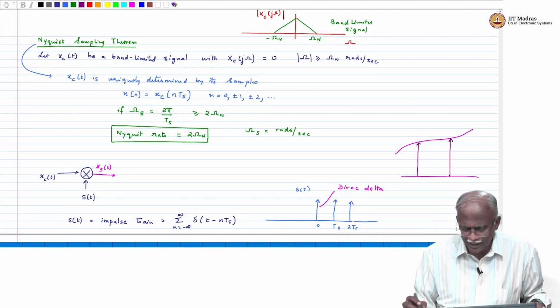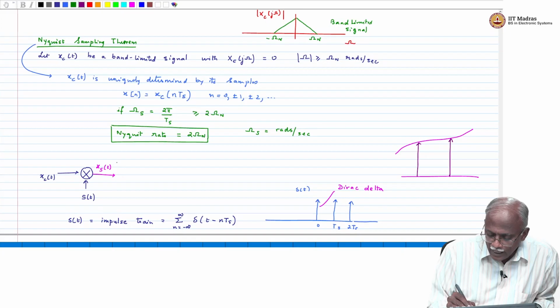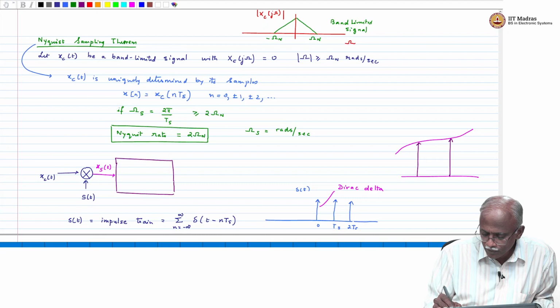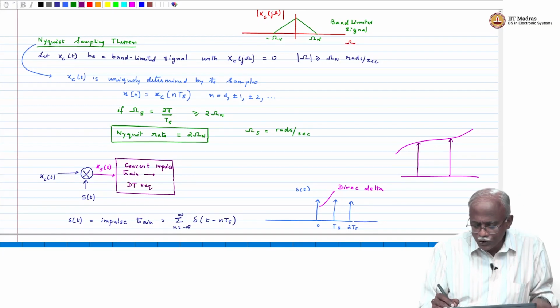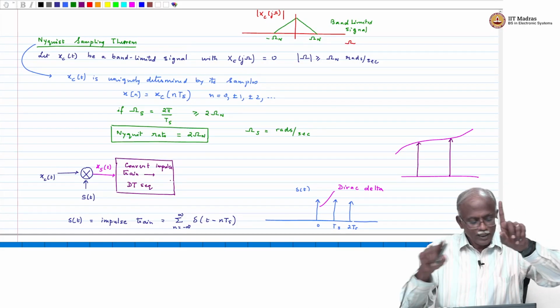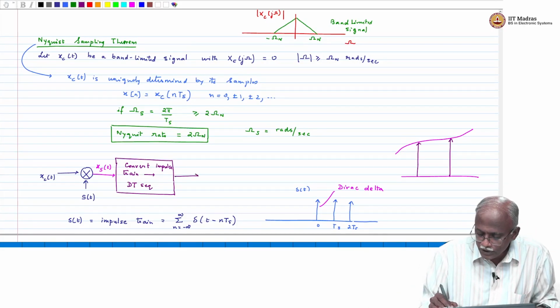These scaled Dirac deltas are passed into a very unique box which is going to convert the impulse train to a discrete time sequence. In other words, it's going to look at that impulse height and then output a number which will be equal to x of n.